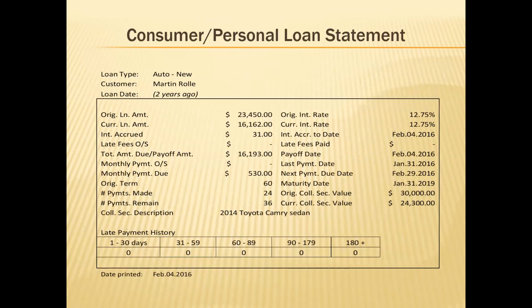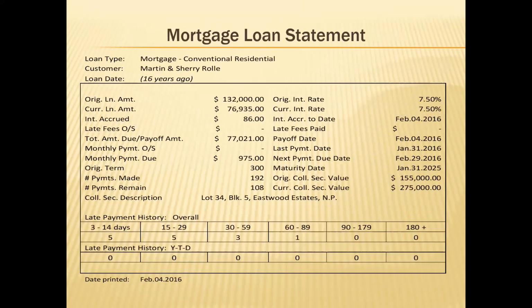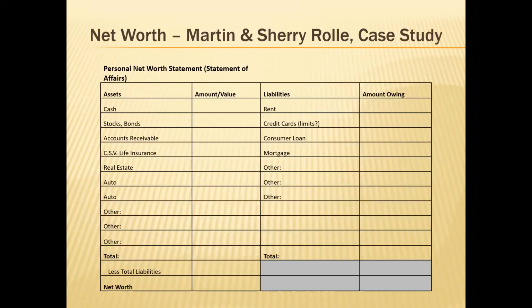The other item you would have is the printout of the consumer loan, which is an auto loan. Also the mortgage loan printout statement. And so let's look at the first item.